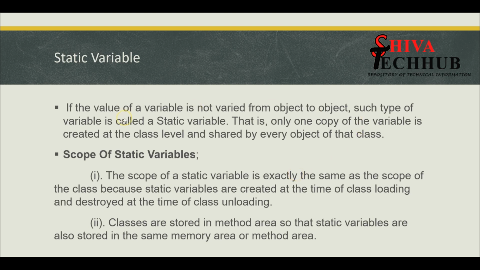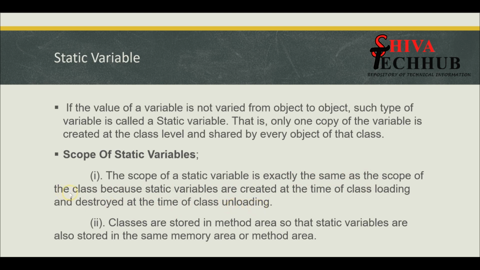Okay, now if you consider the definition, if a variable is not varied from object to object, that is, we are not going to create an object in order to access the static variable, such type of variable is called a static variable. One more important point regarding the scope is that the scope of the static variable, as I said, is exactly the scope of the class, because static variables are created at the time of class loading and destroyed at the time of class unloading.